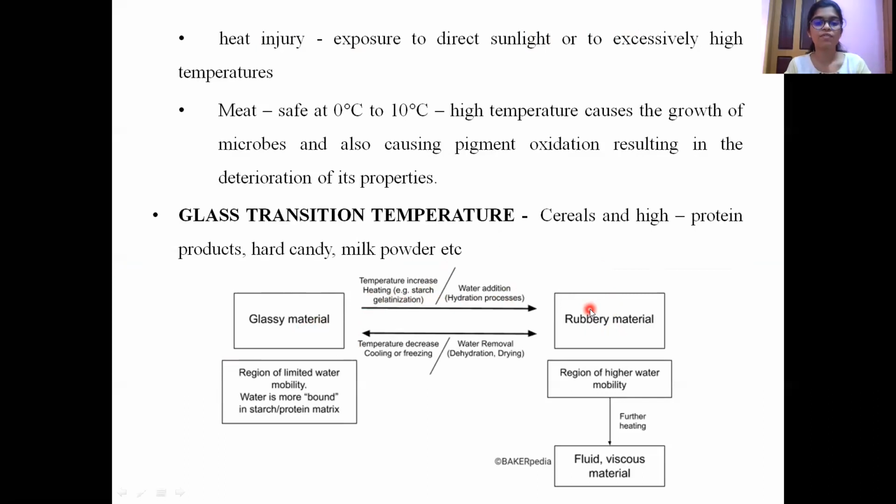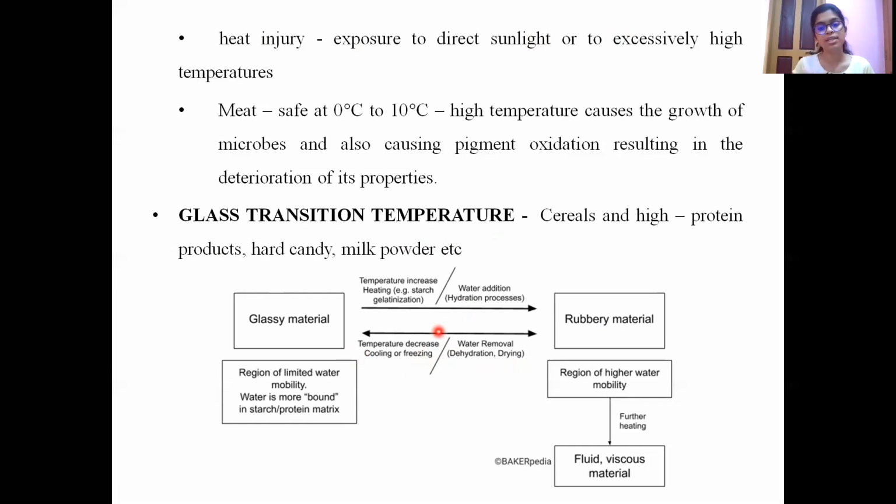The vice versa of this reaction is the conversion from rubbery to glassy. That is, the water has to be removed either by dehydration or drying, and the temperature has to be decreased either by cooling or freezing. So this process of phase conversion purely depends upon the glass transition temperature.